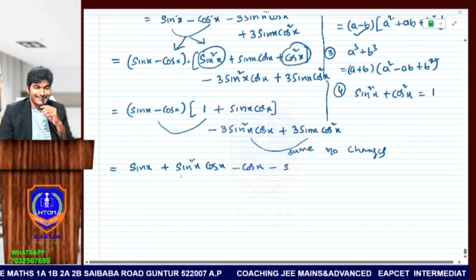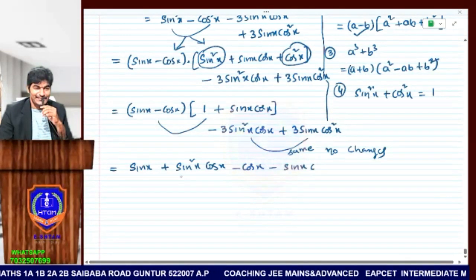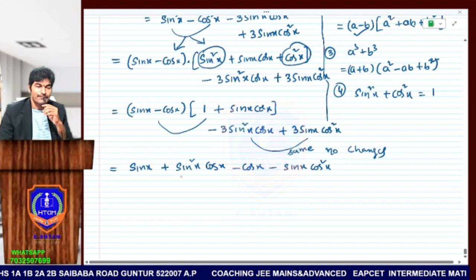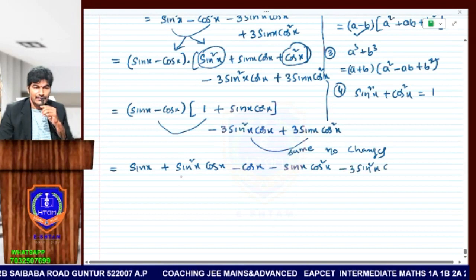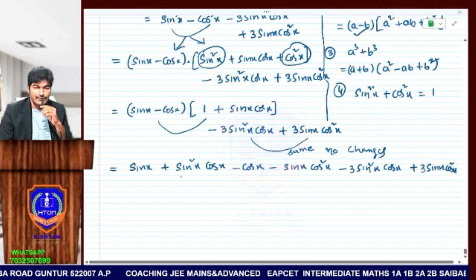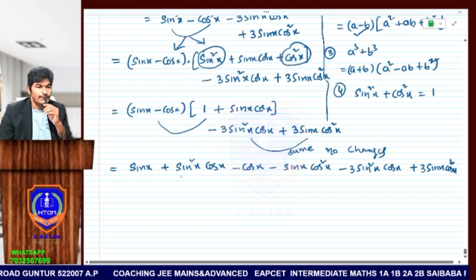Minus minus sin x cos square x, so sin x cos square x. And what after that? Remaining two terms will be same: minus 3 sin square x into cos x plus 3 sin x into cos square x. Understood?